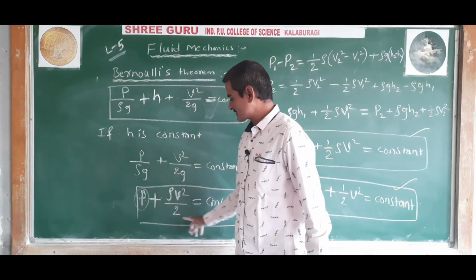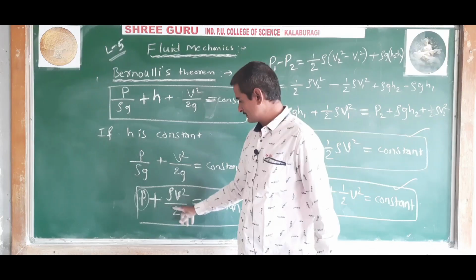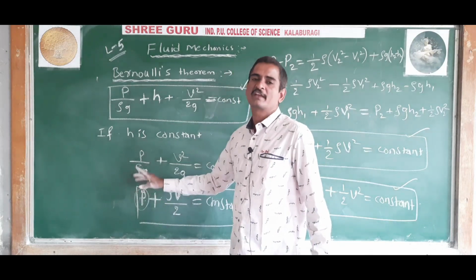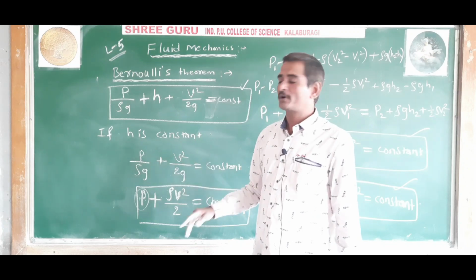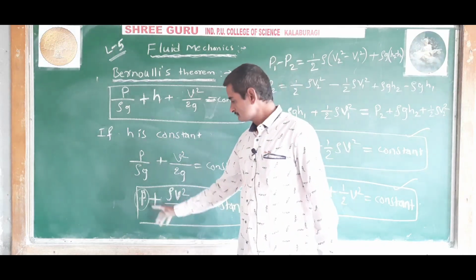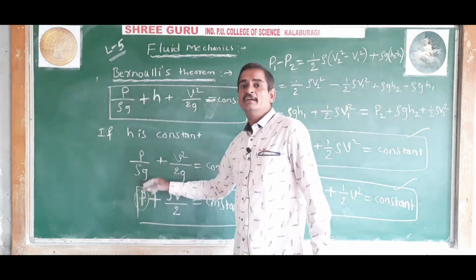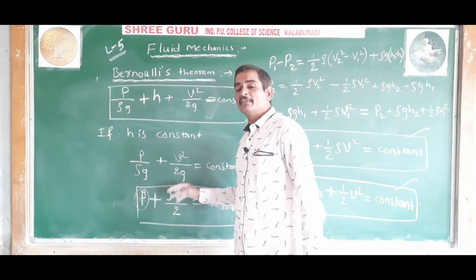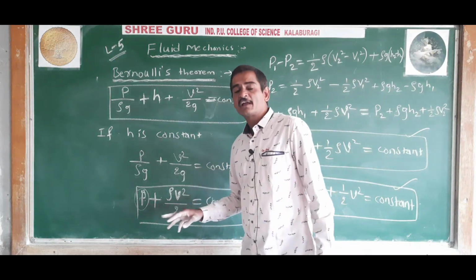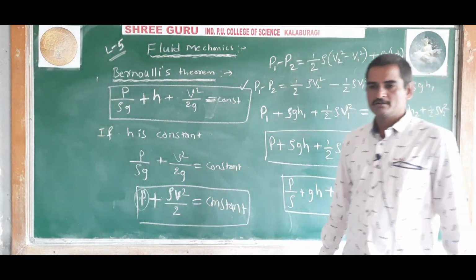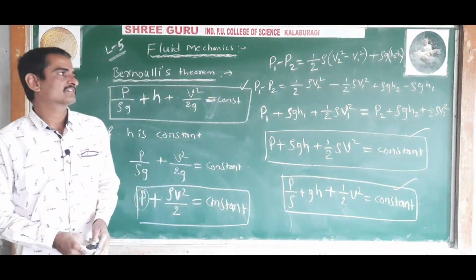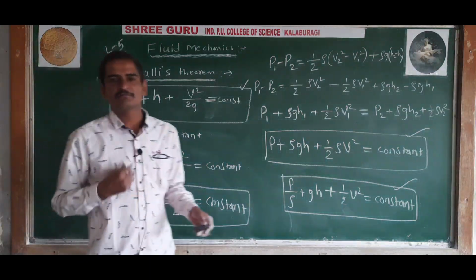From this equation we understand that rho by 2 is a constant. So, if pressure increases at a certain place, then velocity of the fluid at that point decreases. If pressure of the fluid decreases at a point, then at that point the velocity of the fluid increases. So, that is the relation. Understood? Okay. In the next class we study the application of Bernoulli's theorem.